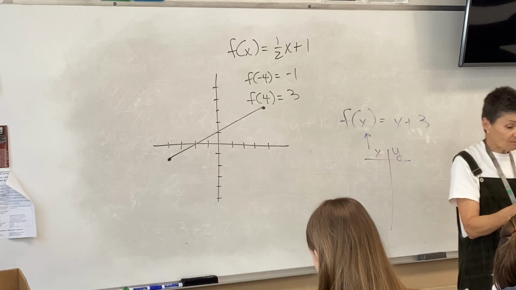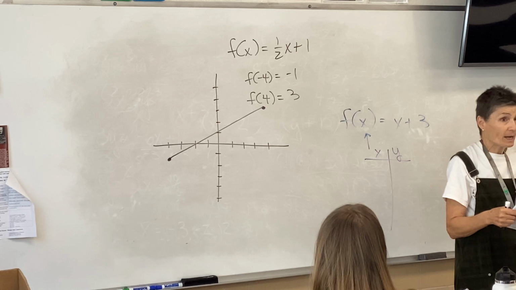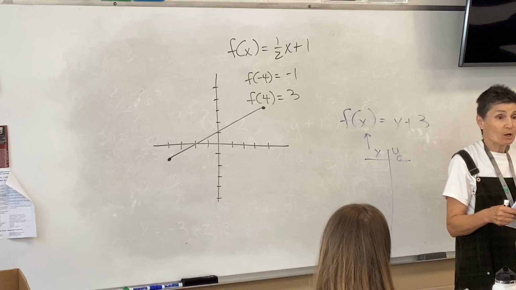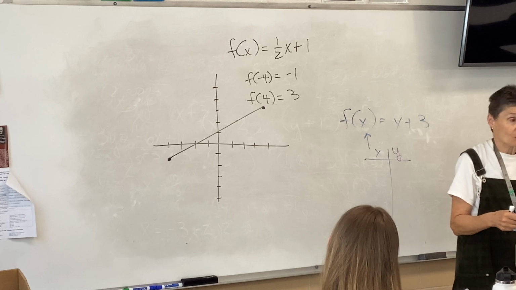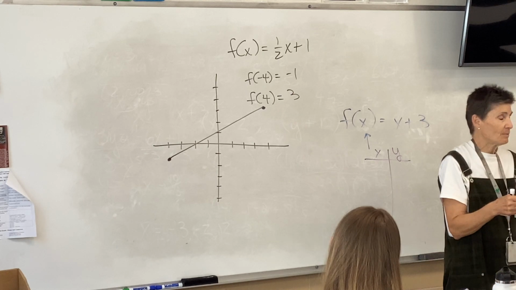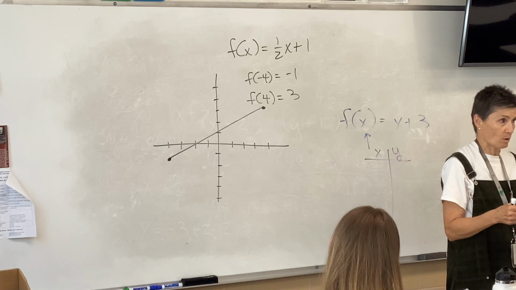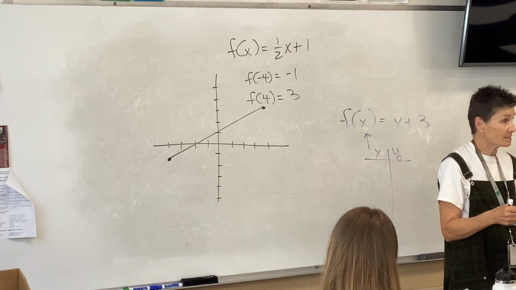A decreasing function is just the opposite, right? As we go from left to right, the curve is going to go down. So as the input values increase, the output values decrease. Concave up. This may be a term you've never heard before. Have you ever talked about concavity in your other math classes?